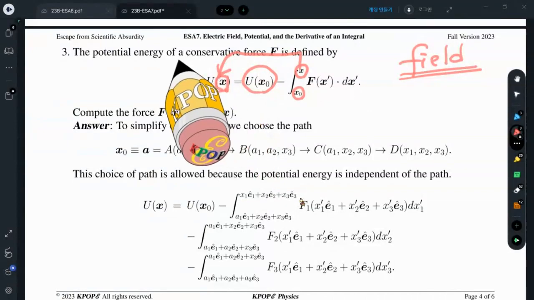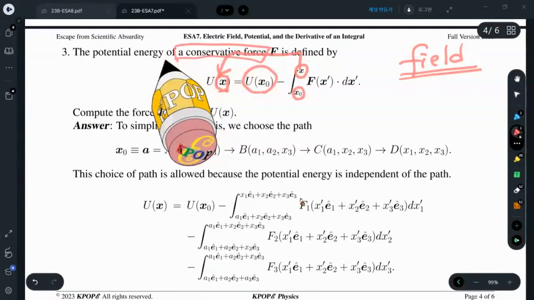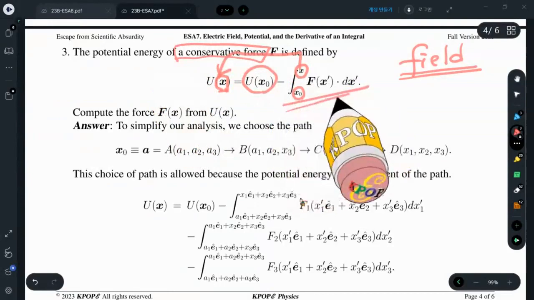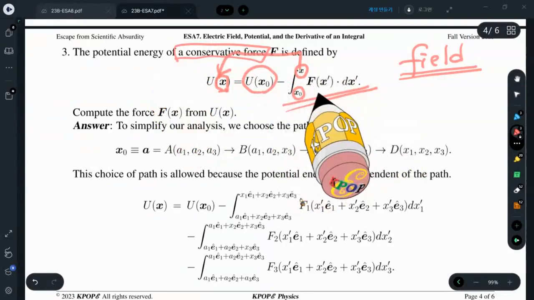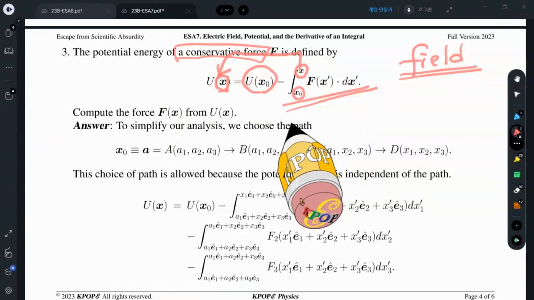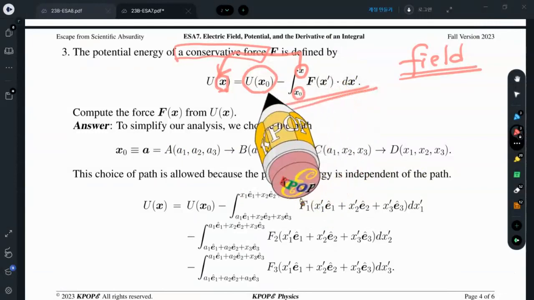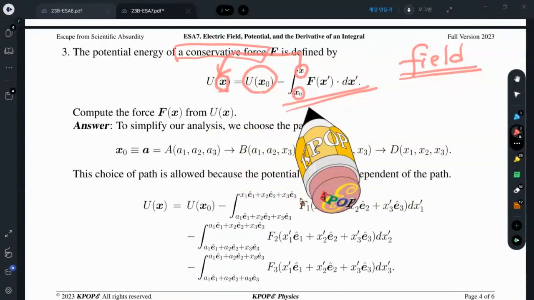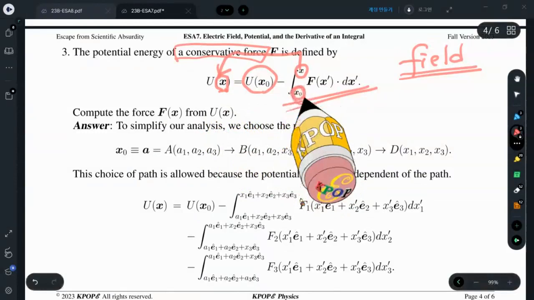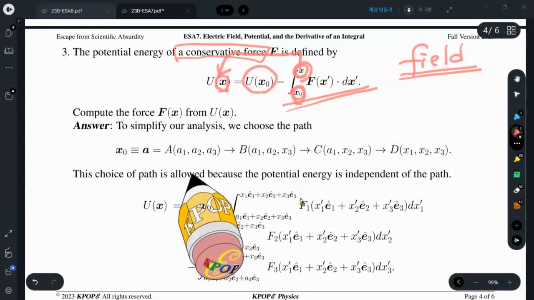In addition, a conservative force has an integral that is independent of the path. So the value of this integral depends only on the endpoints.